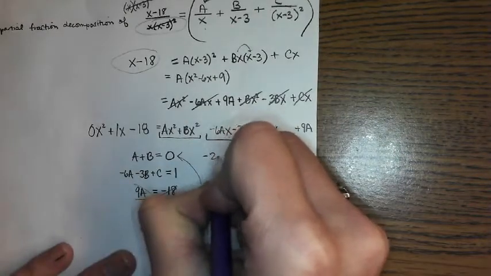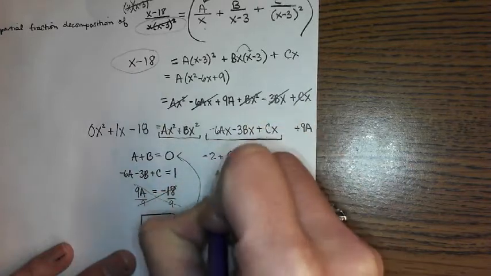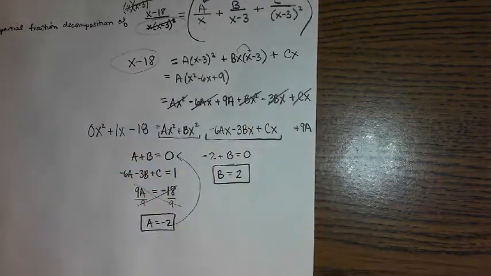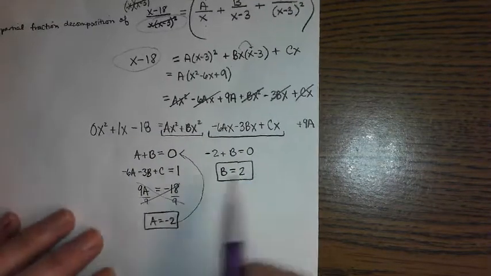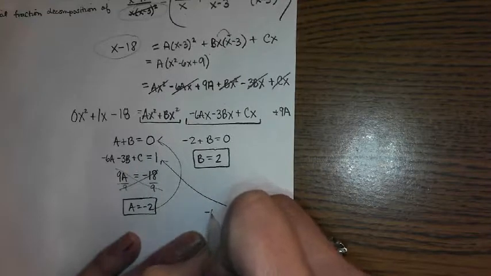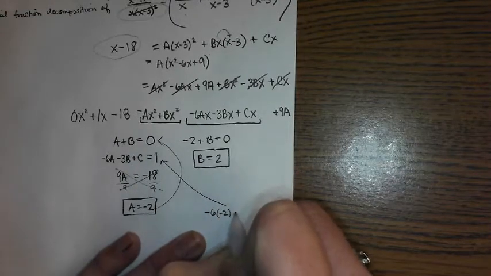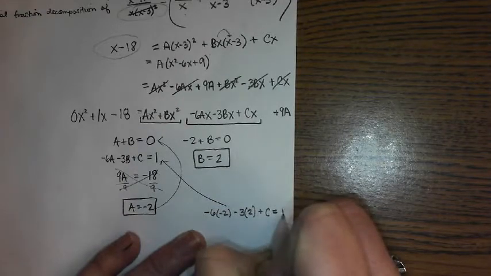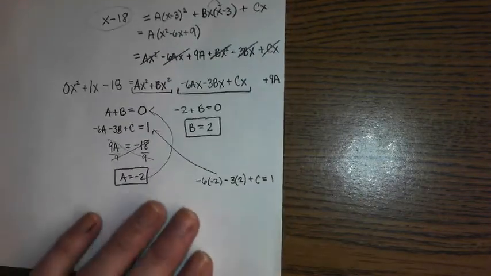So negative 2 plus b equals 0, which means b equals 2. And then once you know a and b, we can go back to the third equation and do negative 6 times negative 2 minus 3 times 2 plus the c value equals 1, and solve for c.